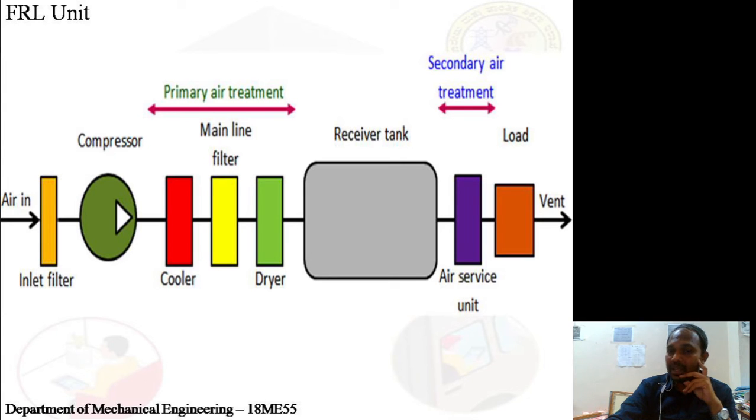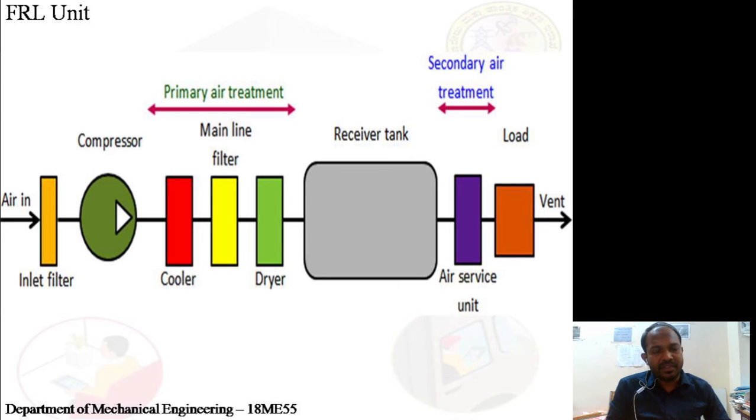Then the load, which can be an actuator, a spray gun, a machine tool, or some equipment. That is what we take as a load, and then the air goes to the vent, or back to the atmosphere. Now the air coming in here will carry foreign particles, and the compressor compresses it to a very high pressure and temperature.